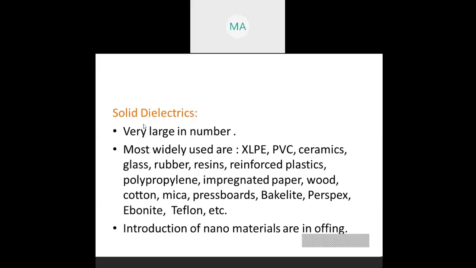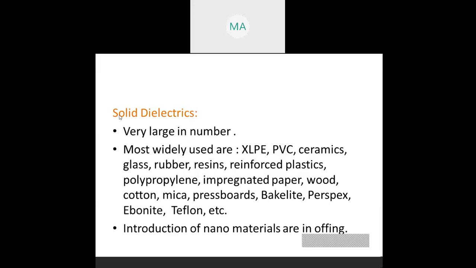If you take a pencil, it is also one type of dielectric medium. Some are insulators, some are dielectric materials. We have PVC, XLPE, ceramic, glass, rubber, resins. All of these come under solid dielectrics.